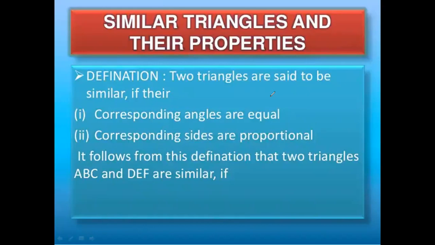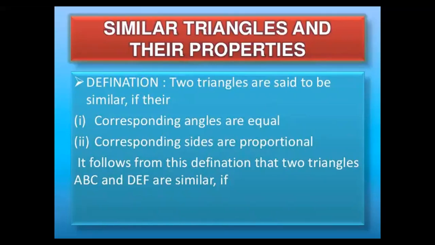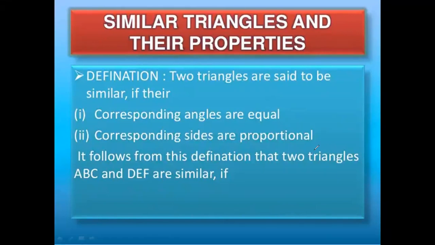When we say that the two triangles are similar, then their corresponding angles are equal, so that we can say that they are similar, or their corresponding sides are proportional.